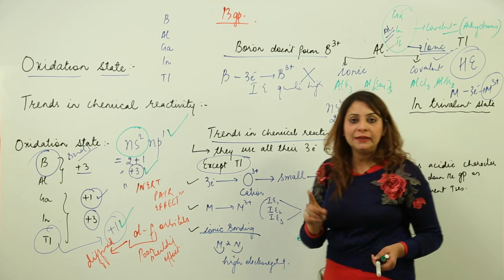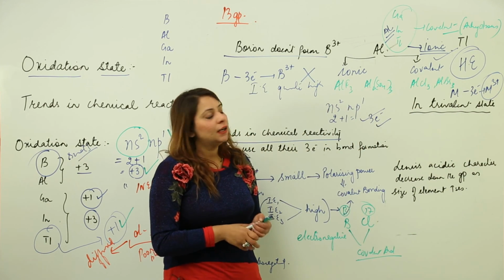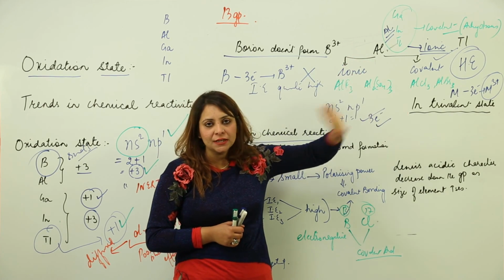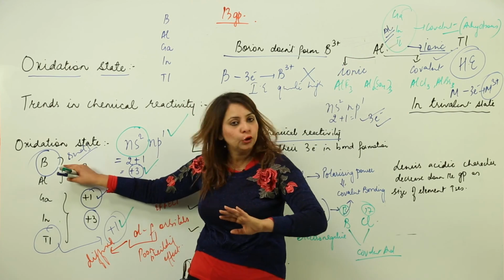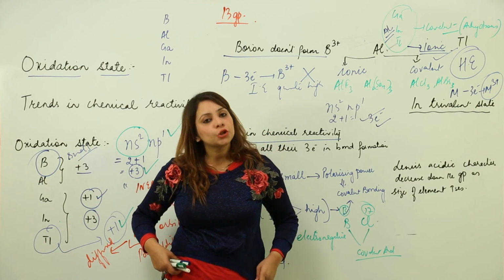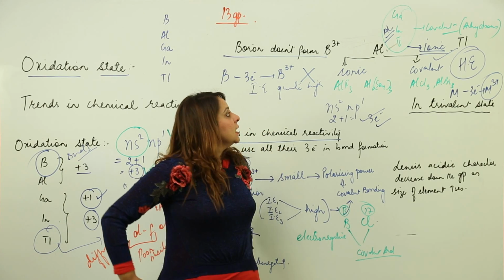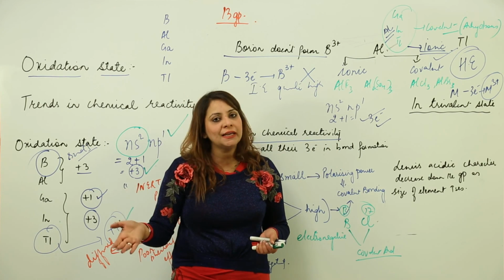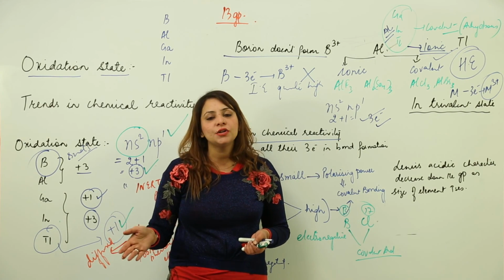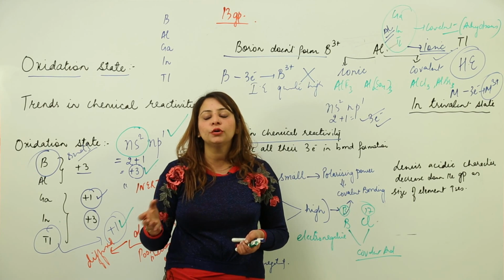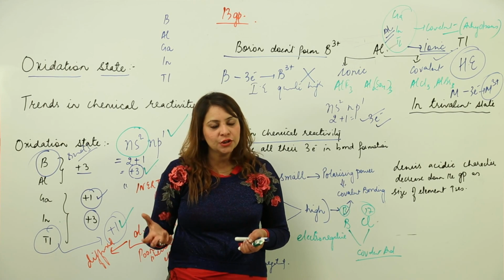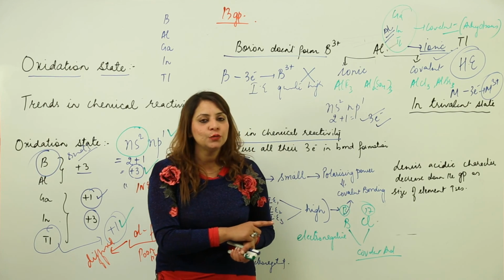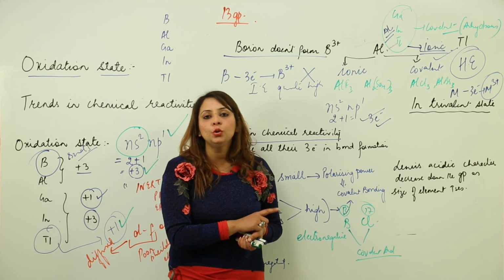So this is an important thing you need to remember, that except boron, aluminium, gallium, indium and thallium, that is the 4 members except boron, in the solution form show a kind of ionic bonding. The reason is that when they are in solution form they get hydrated to a good extent, and whenever they get hydrated to a good extent, they are going to release more hydration energy, and that energy actually compensates the huge ionization energy which is required in order to lose 3 electrons.